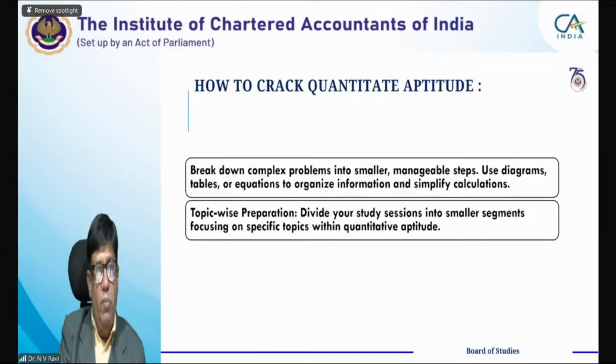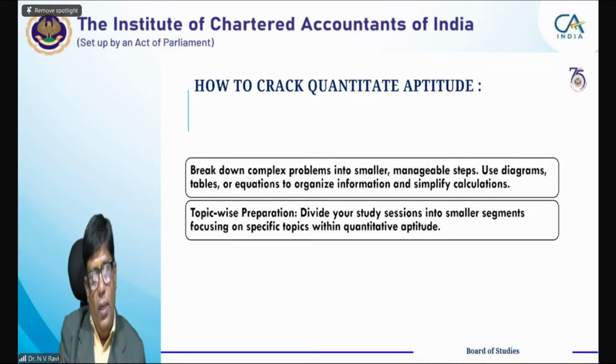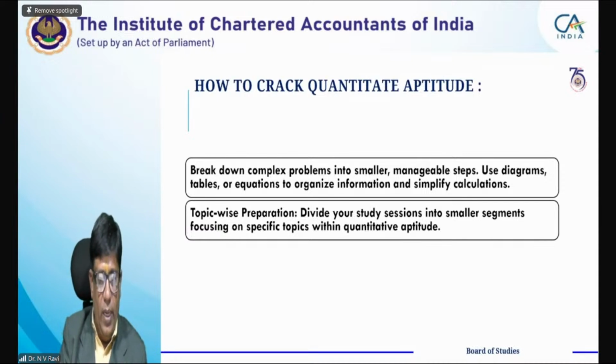Use the diagrams and the tables, especially in the sets and relations topics, and tables for present value, future values, which are also given for the time value of money, and for normal distribution values. And you create your own formula sheets and formula notes, that will definitely help. And you create these notes segment wise and topic wise also, definitely that will be helpful.